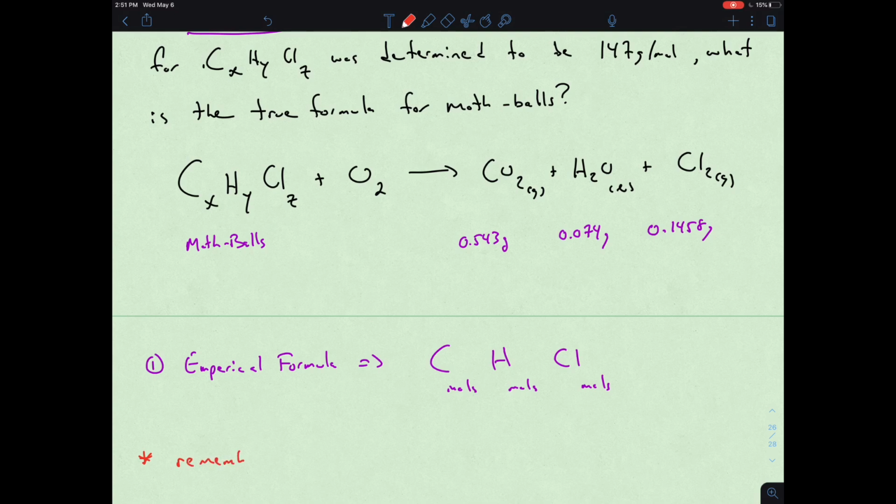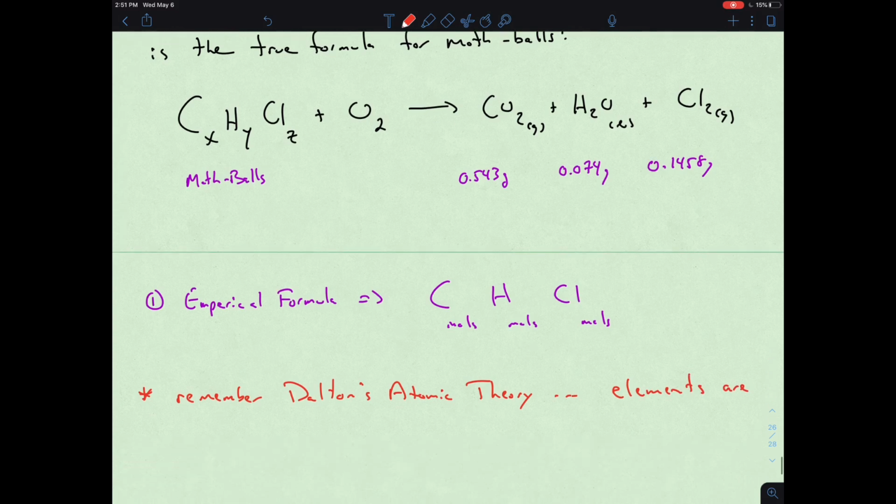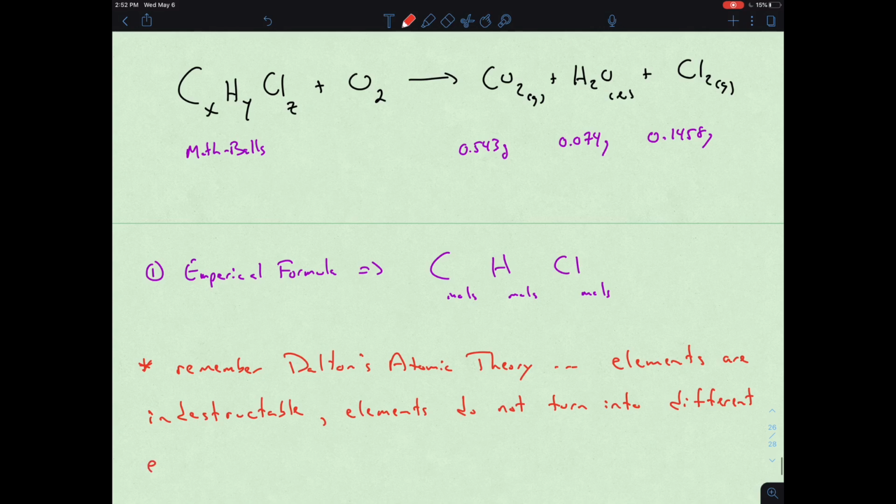And so we have to remember Dalton's atomic theory. Right, this idea that elements are indestructible. Elements do not turn into different elements in a chemical reaction.